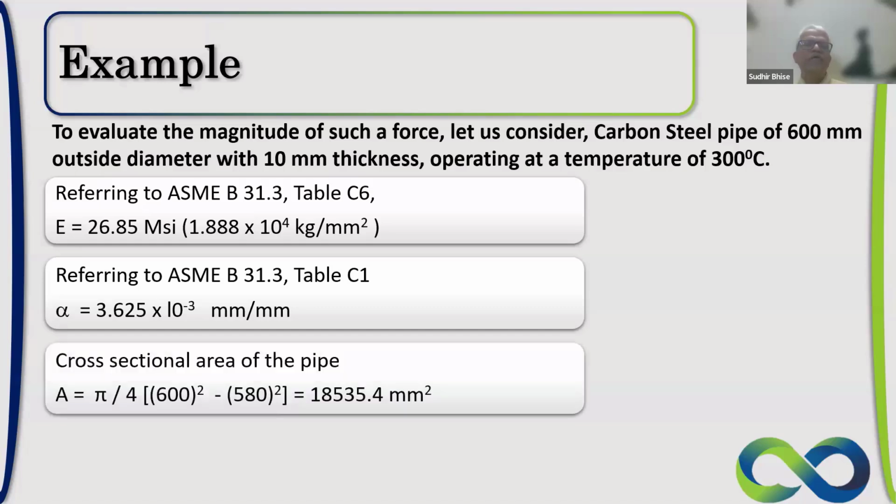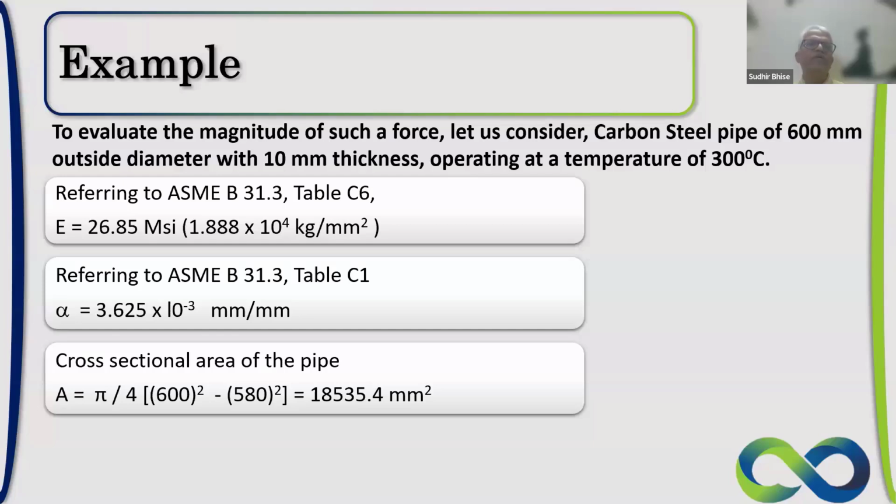And if you calculate the cross-sectional area of the pipe, the dimensions are given above: 600 mm OD and 10 mm thickness. So our simple formula for cross-sectional area is pi by 4 into outside diameter squared minus inside diameter squared. The inside diameter is the OD minus twice the thickness. So you get these figures.